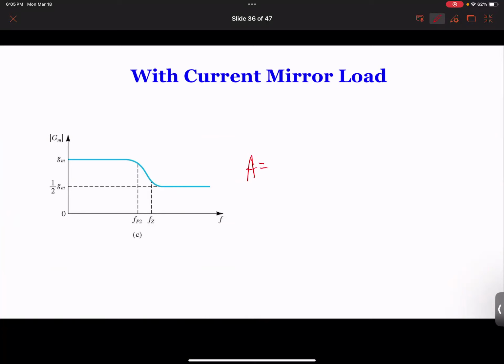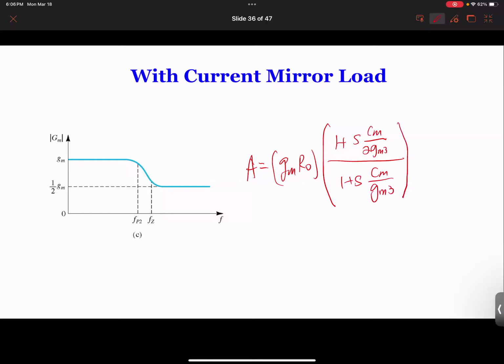So A equals GM times RO, and this RO equals RO1 parallel with RO3. I just want to write the final expression because this tells you something.